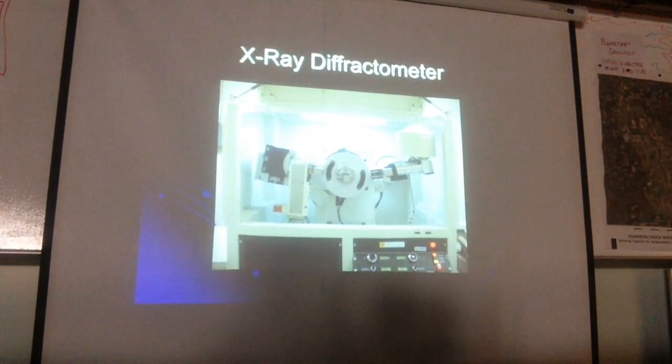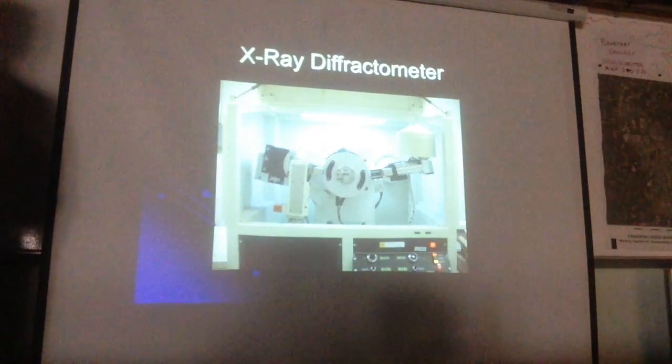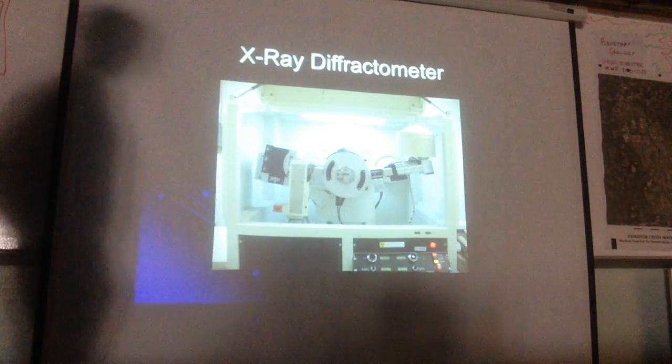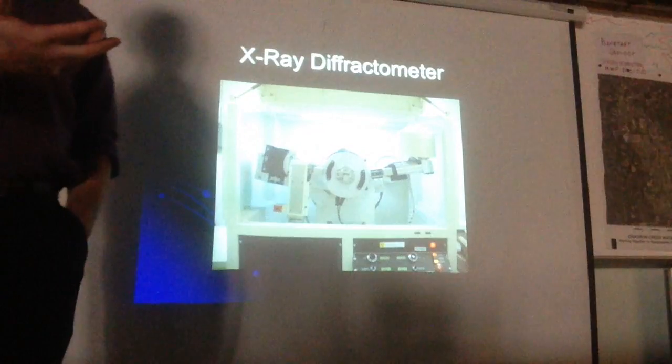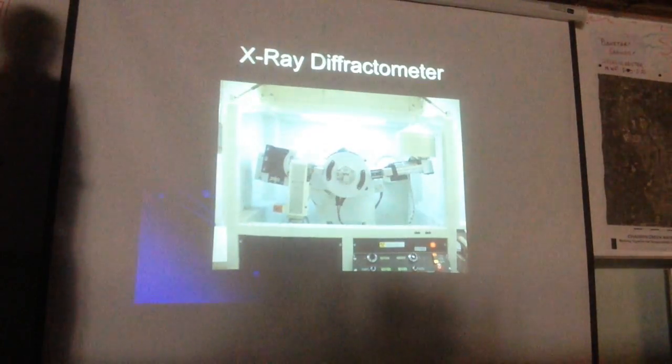But there are some minerals, such as calcites and aragonites and different carbonate minerals, which can be altered by the preparation process of just grinding the minerals up. So you can have alteration of your minerals to different polymorphs before you even get them in the scanners, which is sometimes a problem.